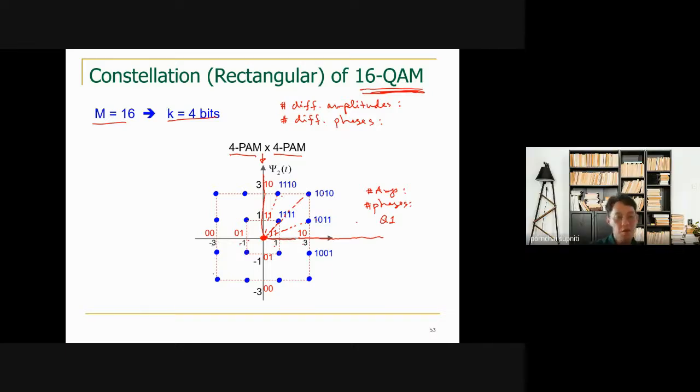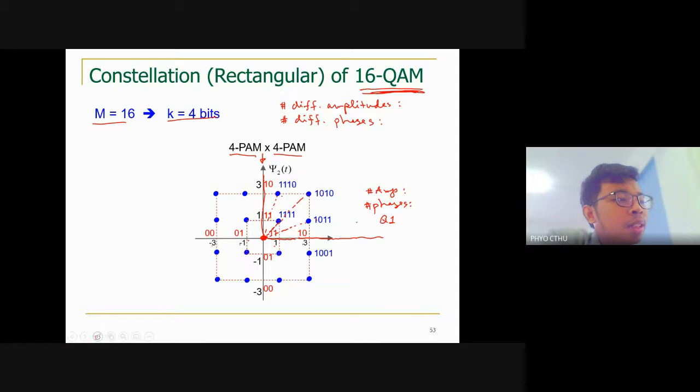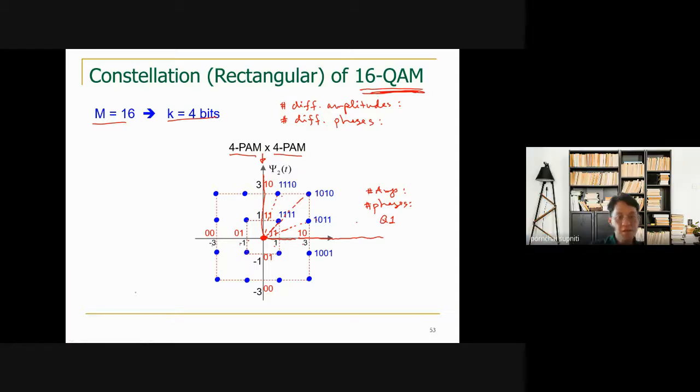These 2 symbols are the same, because they have the same length from the center. But this one is the shortest one, and this one is the longest one. So there are only 3 different magnitudes.